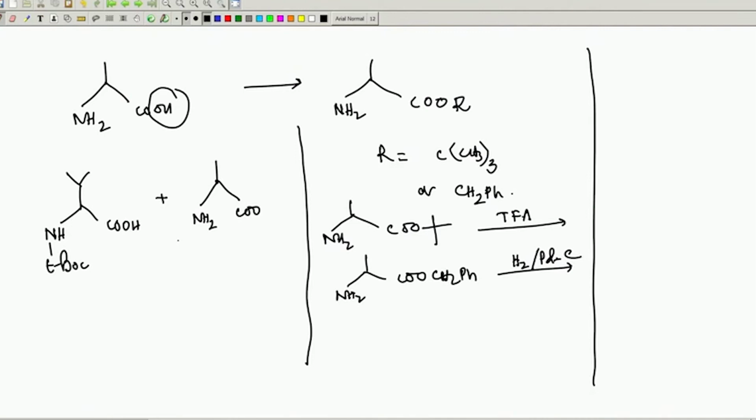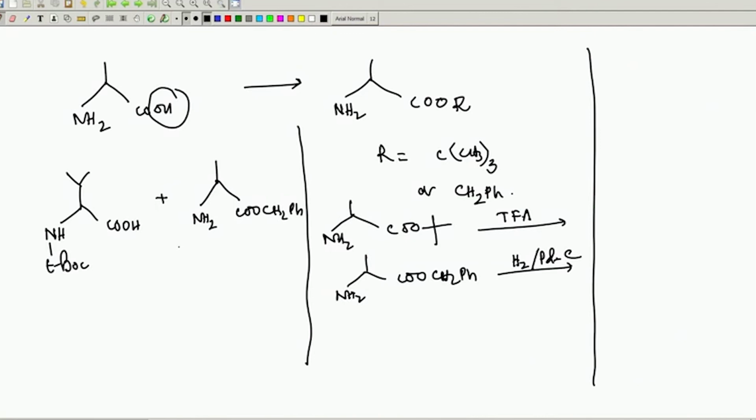If I protect the alanine with benzyl, I can do that, and then do this coupling reaction. But then I will get a protected peptide where, to take the T-butyl off I have to use TFA, and to take the benzyl off I have to use hydrogen. So, that means I am adding more steps into my synthesis, which is not desirable.